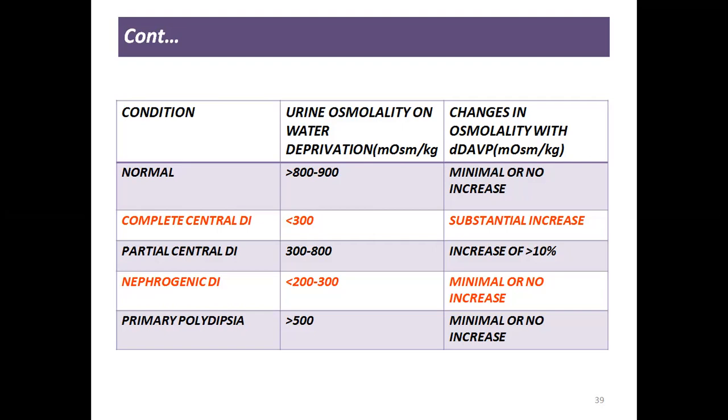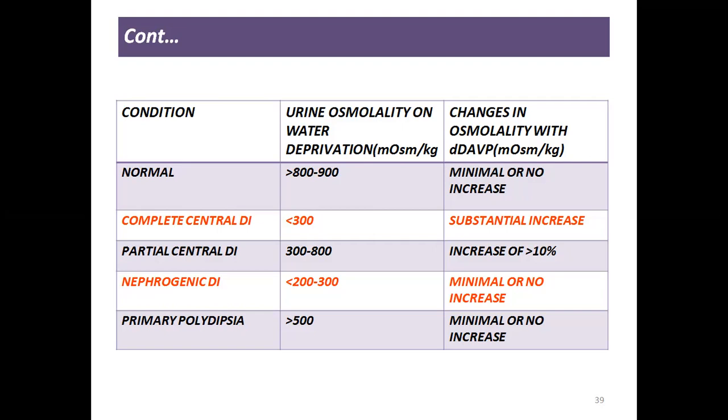With artificially injected vasopressin, we get an increase of 10%. In cases of nephrogenic diabetes insipidus, we will find the osmolarity less than 200 to 300, and here we get minimal or no increase.